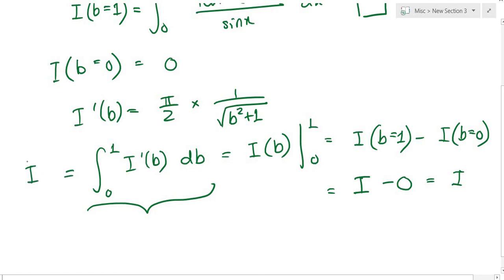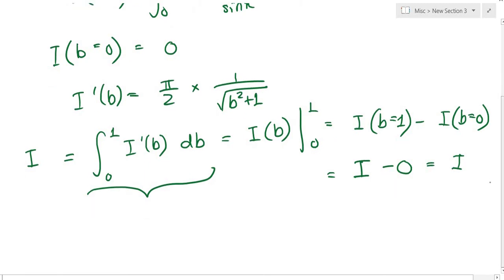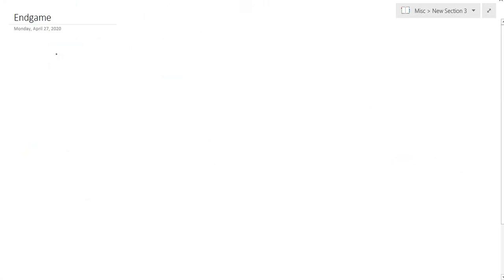So to solve our original problem, we just need to calculate this definite integral over here. I hope I'm making sense. It's pretty logical if you think about it. So we know that I is nothing but the definite integral from 0 to 1 of I prime of b integrated with respect to b this time, not x.